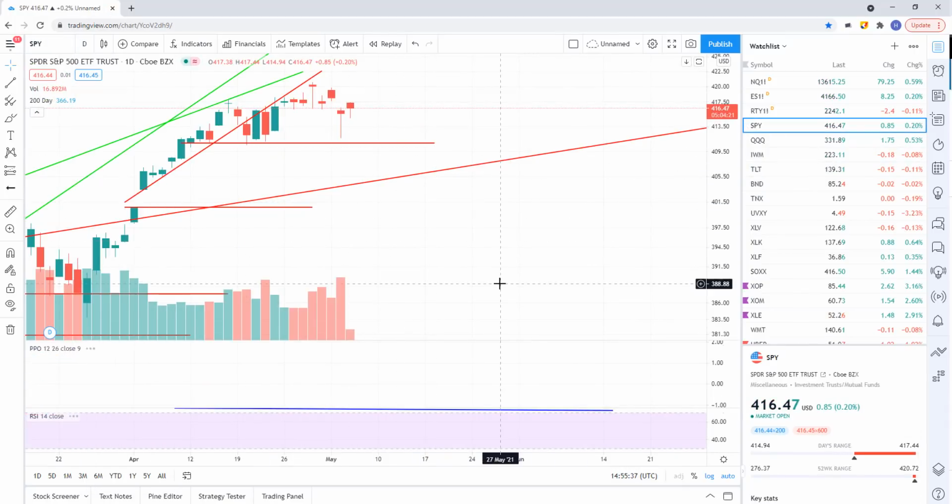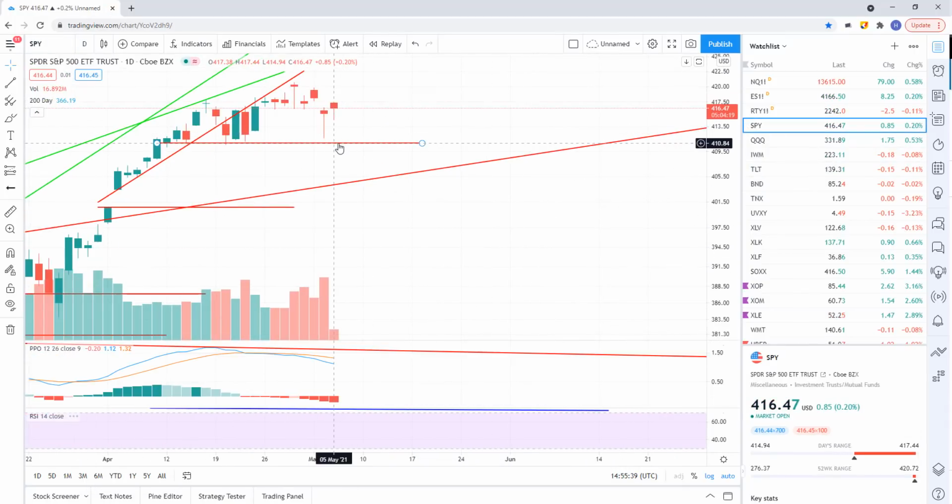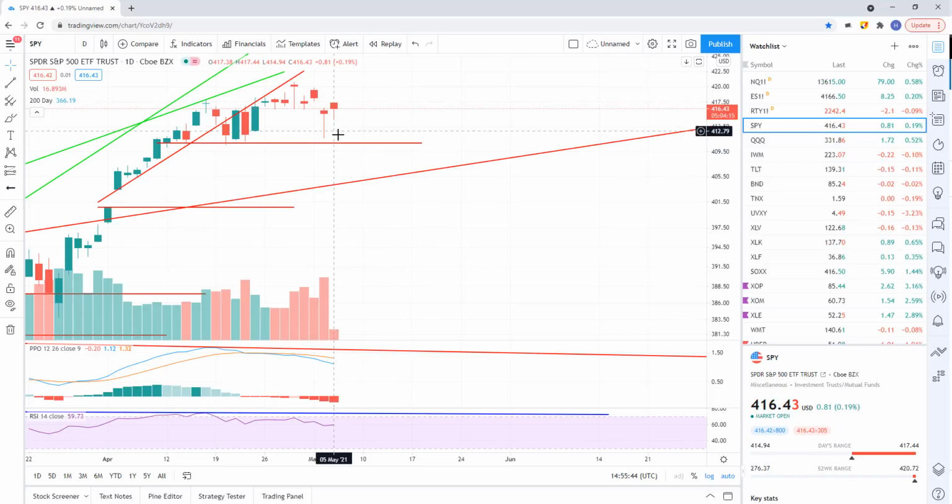SPY. On the daily, we still haven't broke that support shelf of 410.80. That still has not broke. So that's likely, Qs is likely not going to go down too much beyond that level that I just pointed out, that 324 area, unless the SPY breaks this 411 area. So it's about 410.80.